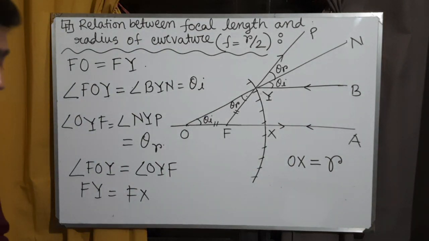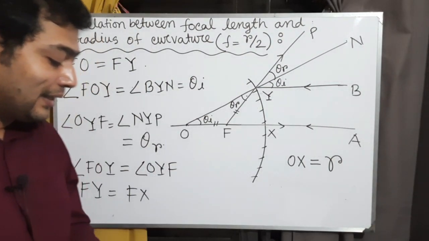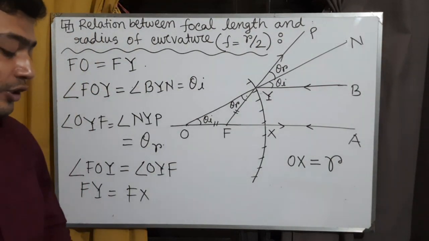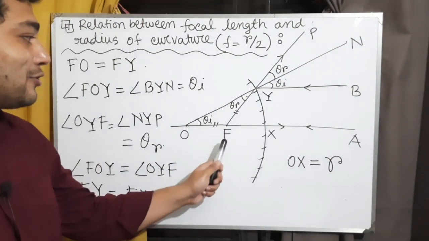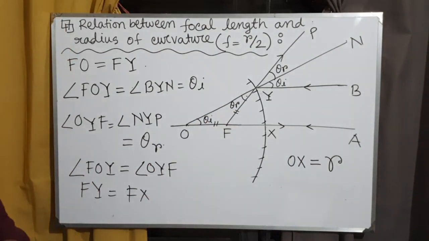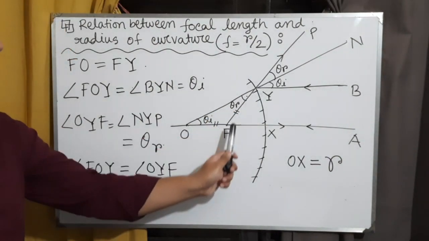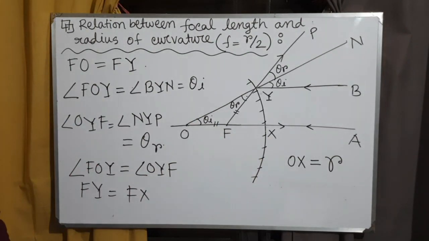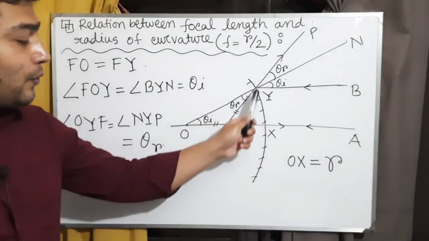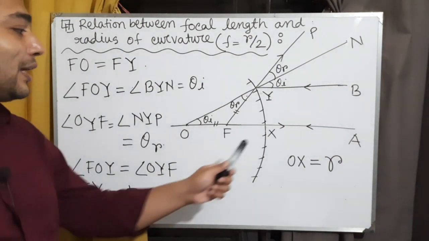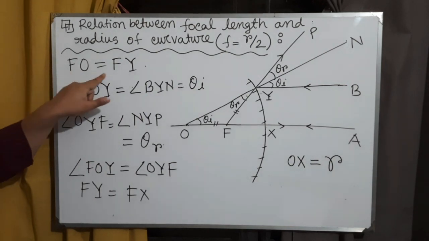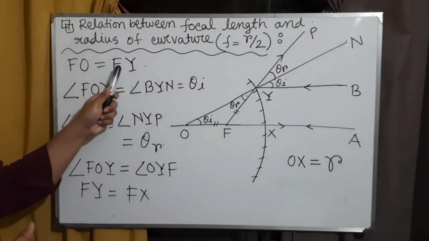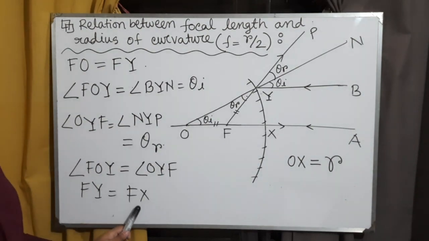We can write FY equal to FX, because XY is small compared to the radius R. So then we can write FO equal to FY, and FY equal to FX.